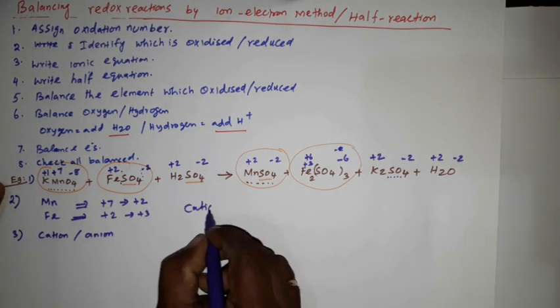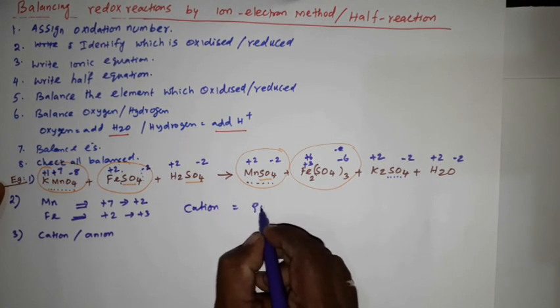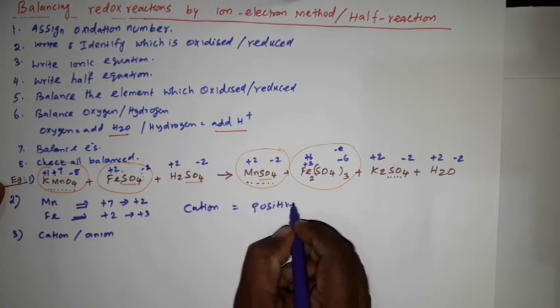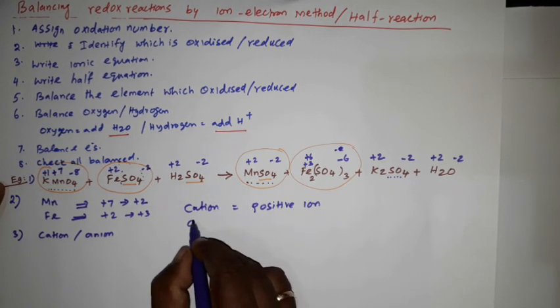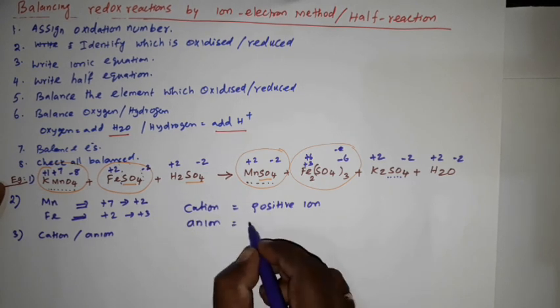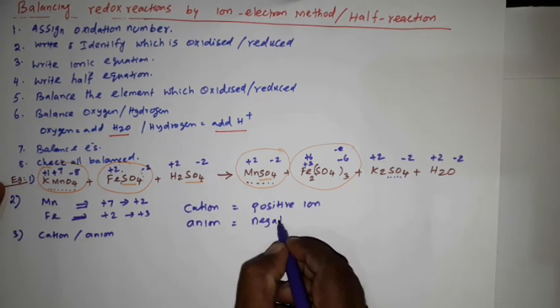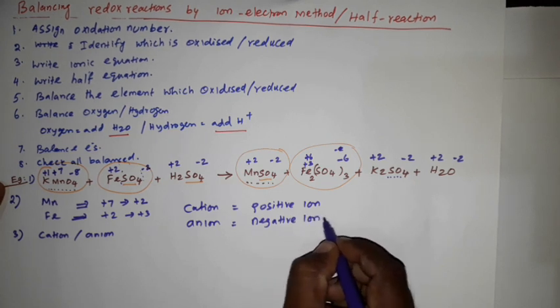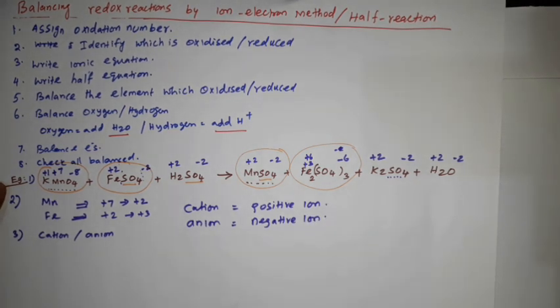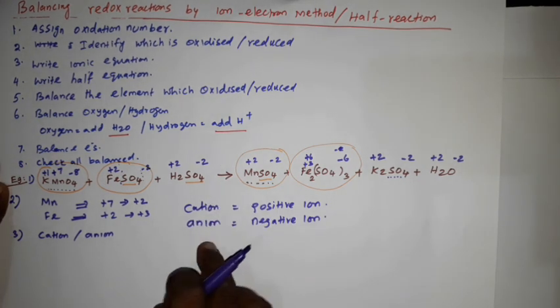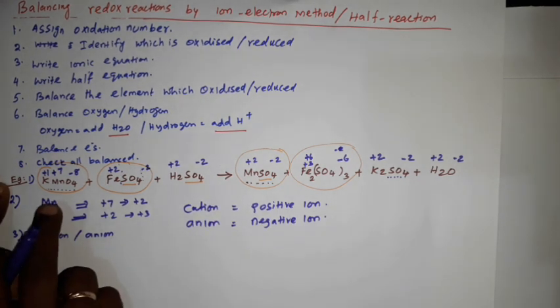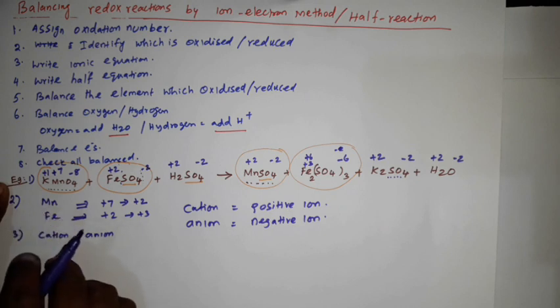Cation means positive ion, anion means negative ion. Any compound consists of cation and anion, so we have to find out which is cation and which is anion.